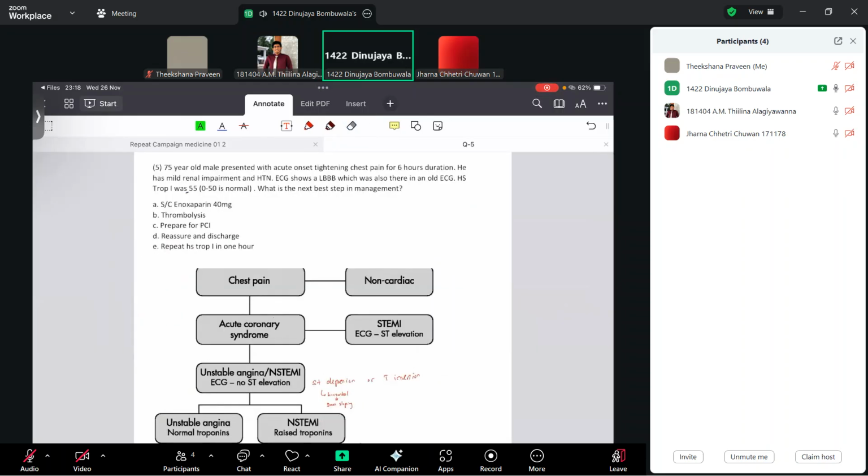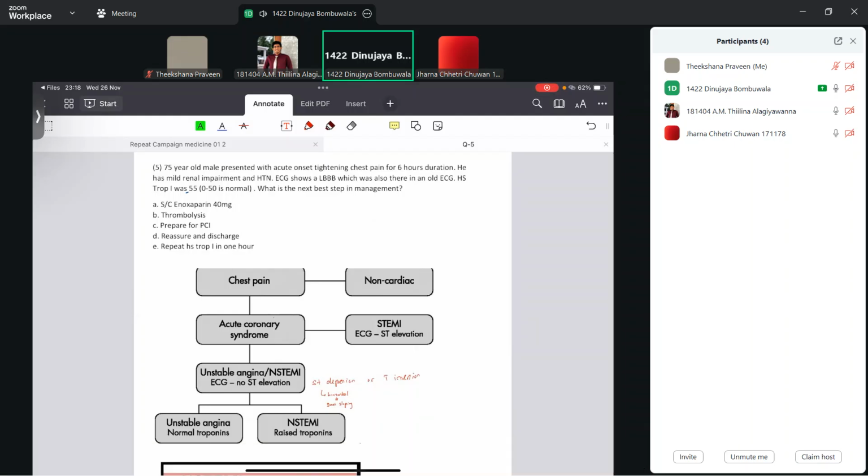So STEMI management, chest pain management, you should know. It's the commonest long case, no? In acute coronary syndrome, you should know it in and out. And if possible, for long cases of common conditions like acute coronary syndrome, I think you should prepare an answer.